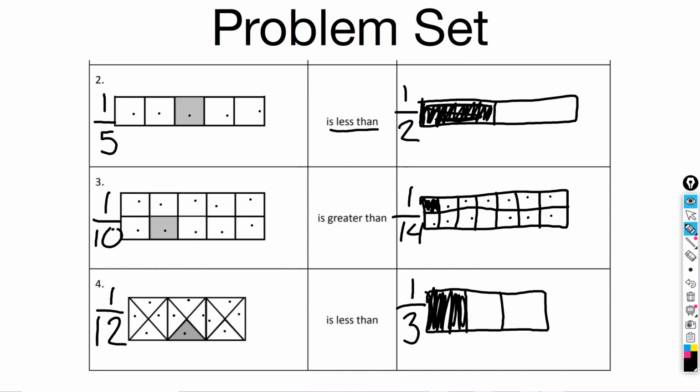Does that make sense? So 2 is less than 5, so we broke it into 2 pieces. Over here, 10 is greater than, so we needed to make a number that was greater than, which is 14. 12 is less than, so we had to break it down into a number that was less, and 3 is less than 12. I don't know if that makes it a little bit easier to think about.